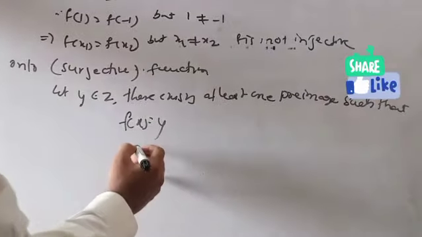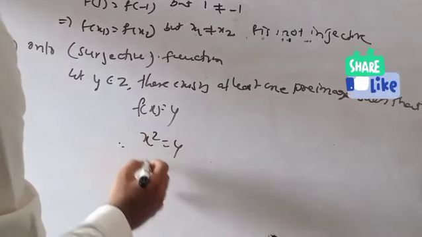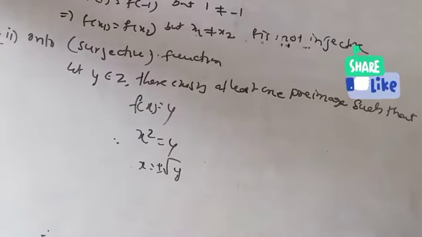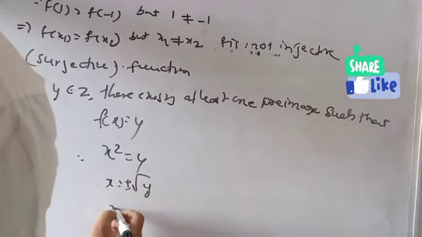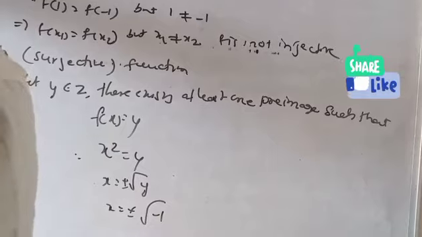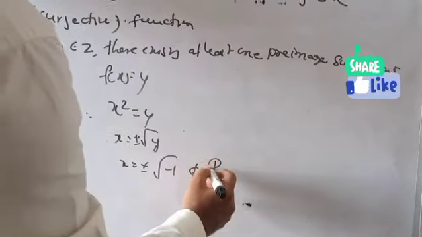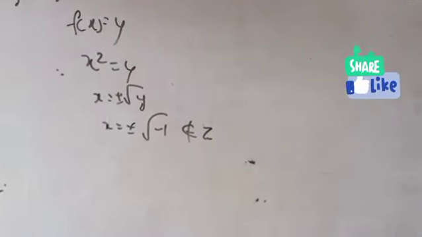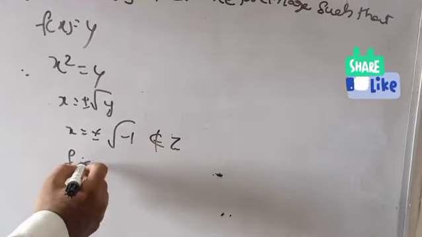Here f of x is equal to x square is equal to y. Therefore, x is equal to plus or minus root y. So if we take negative values, x is equal to plus or minus root of minus 1, which does not belong to the real numbers, or does not belong to Z. Therefore, f is not onto.